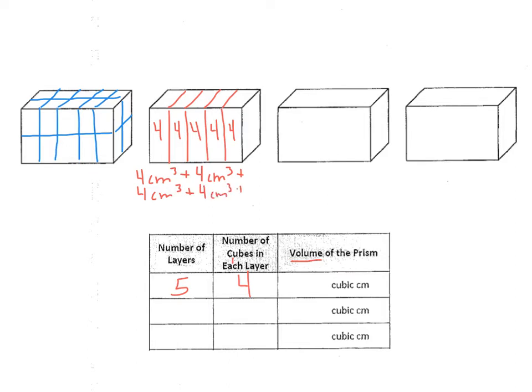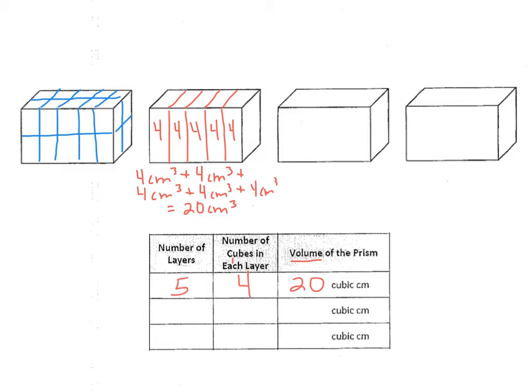That's 4 layers plus 4 cubic centimeters. That's 5 layers. Well, 4 plus 4 is 8. 8 plus 4 is 12. 12 plus 4 is 16. 16 plus 4 is 20 cubic centimeters.